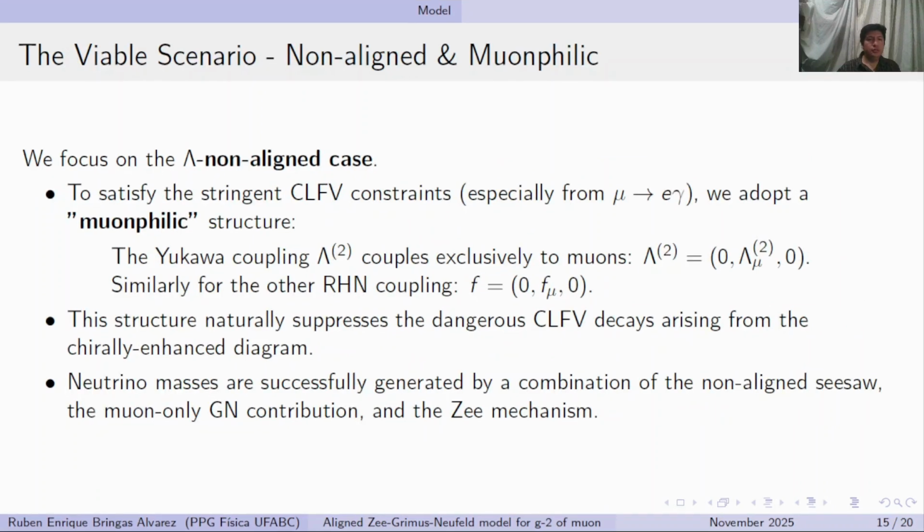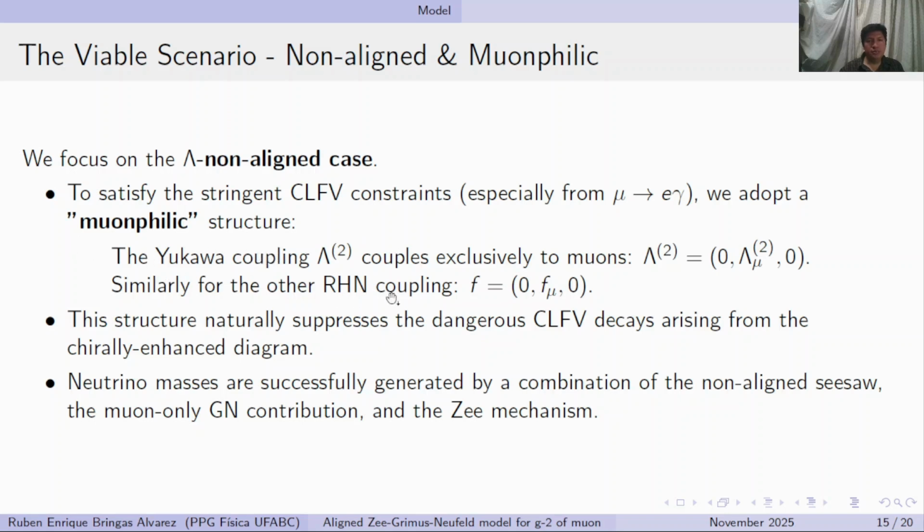When we go to the non-alignment case, we have more options to choose from. In this case, we don't have this relation between lambda tau and lambda mu. We use this form for lambda 2 that we call muon-philic.